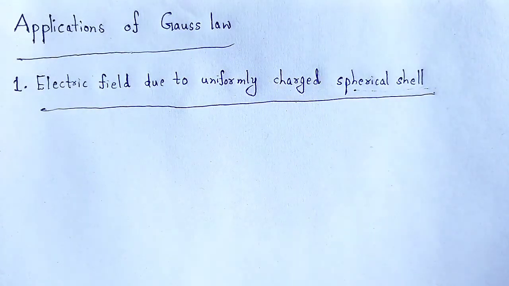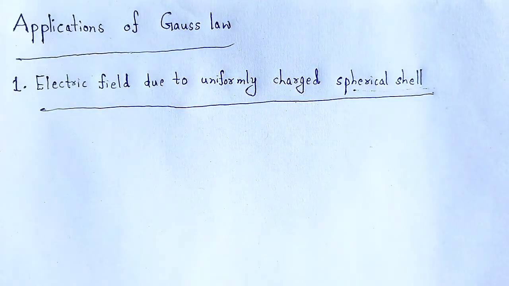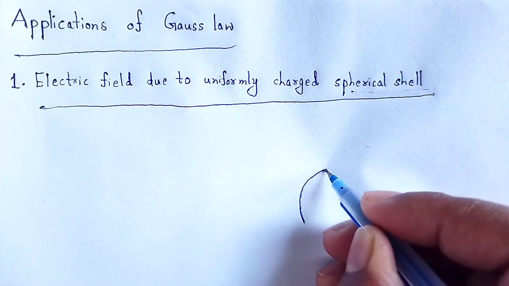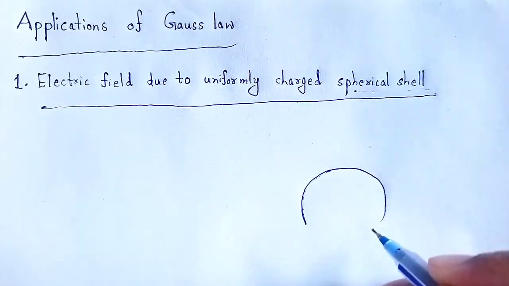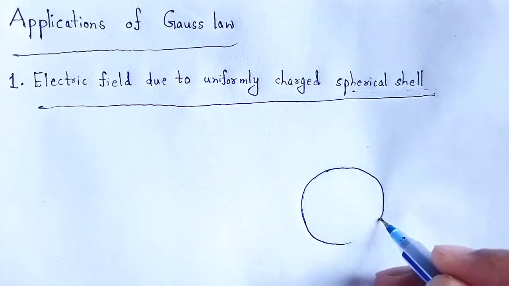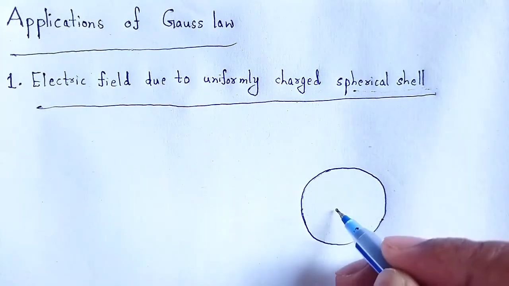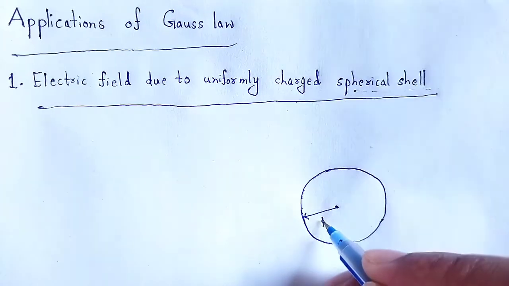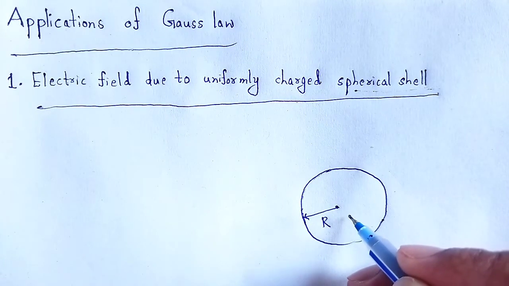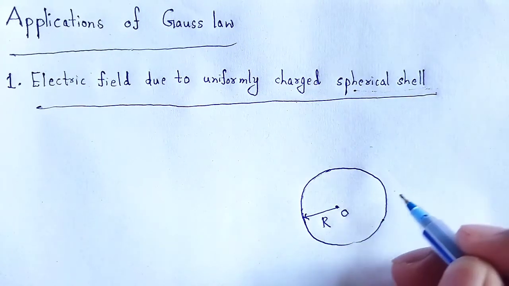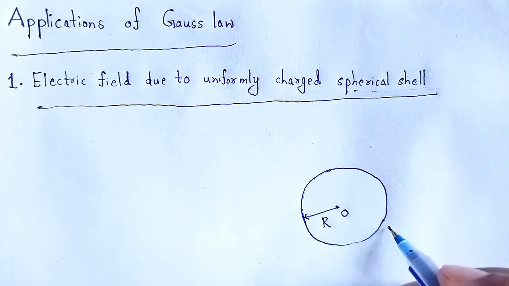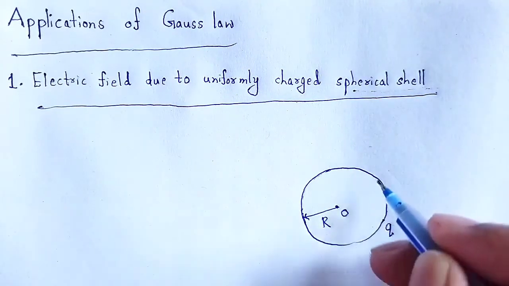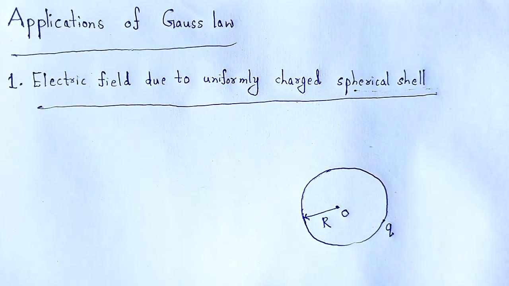Now consider a uniformly charged spherical shell of radius capital R and its center at O. Let q be the total charge on the sphere.